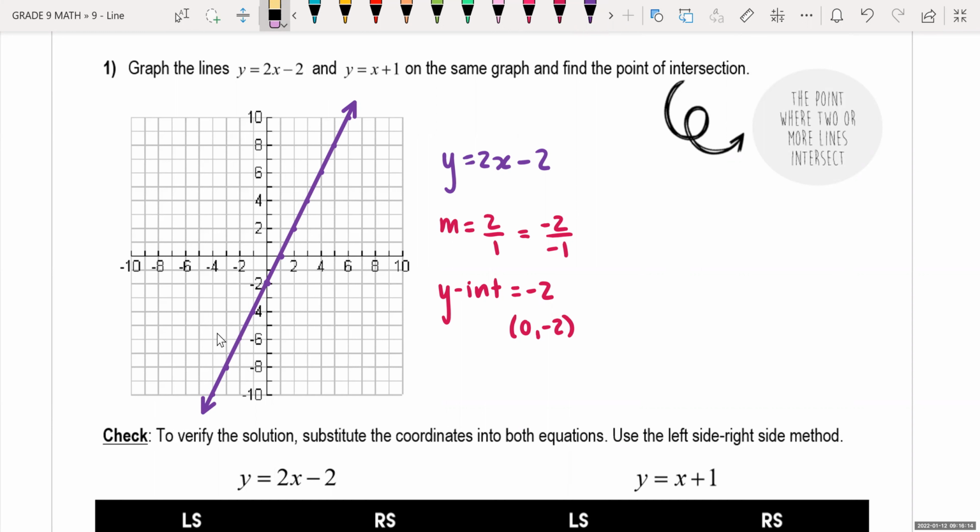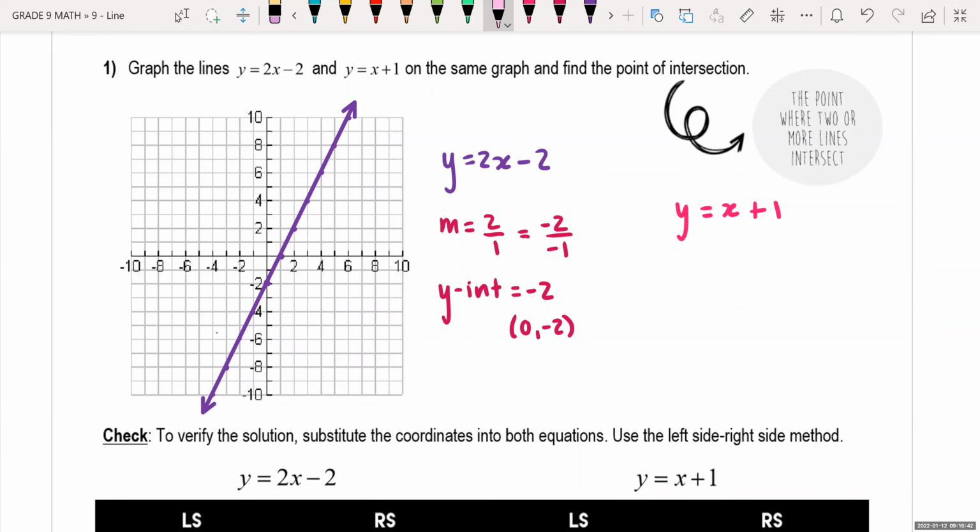We're going to do the exact same thing now with the other equation, y = x + 1. What do you think is the slope in this question? Good, thanks, Aberami, 1.